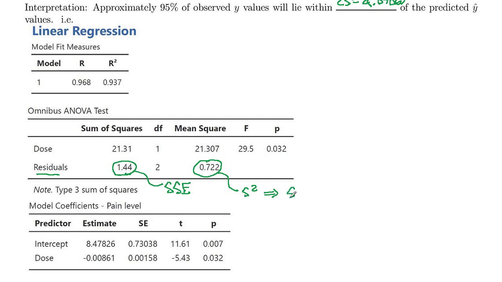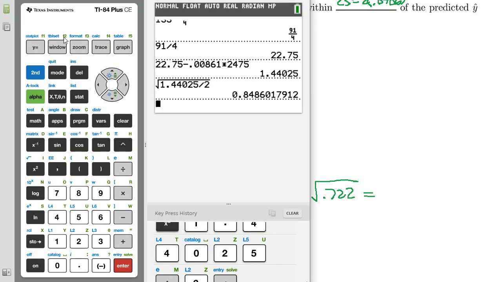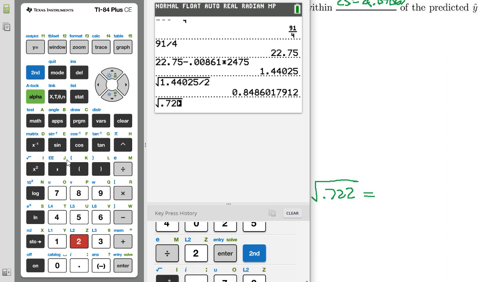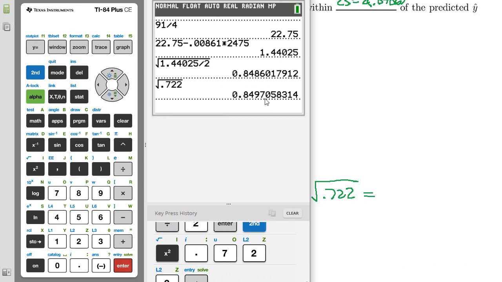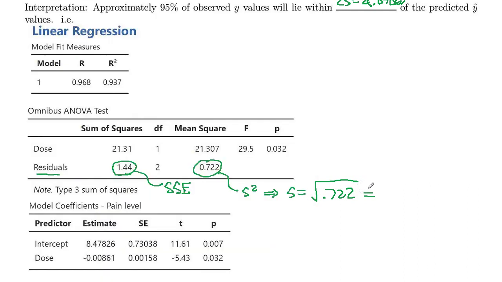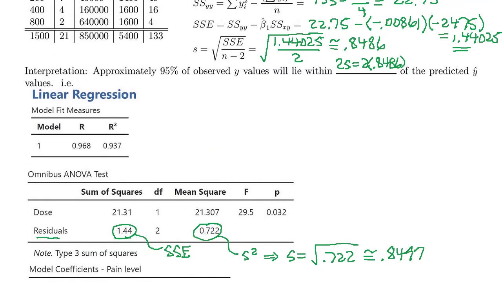So that tells us that our s is going to be the square root of 0.722. Computing that on the calculator, we get approximately 0.8497, and we had 0.8486, so we've got a little bit of round off error there.